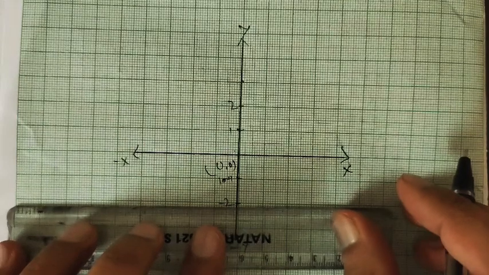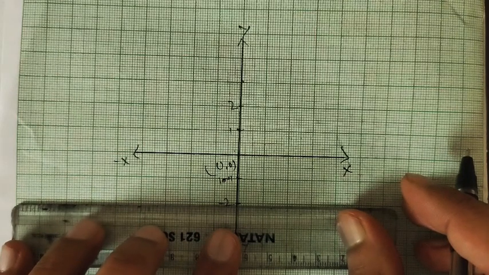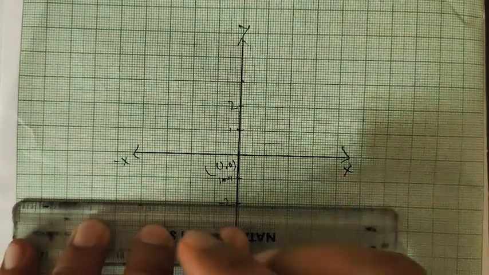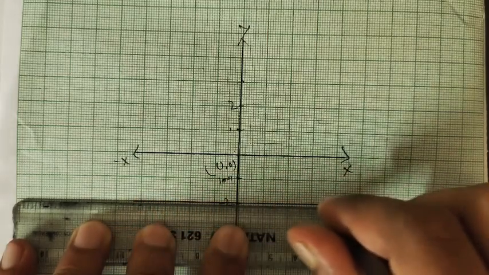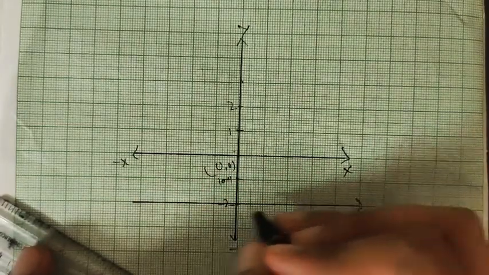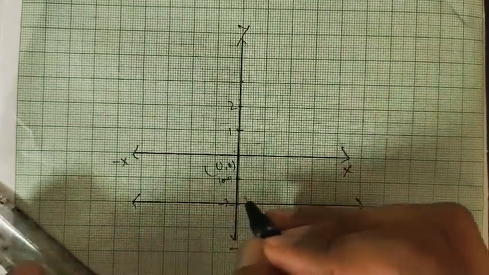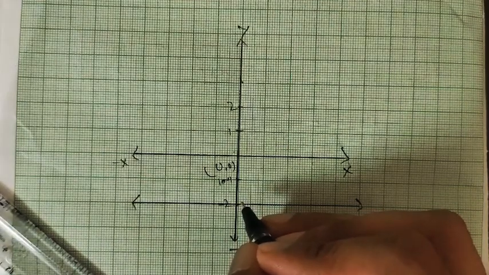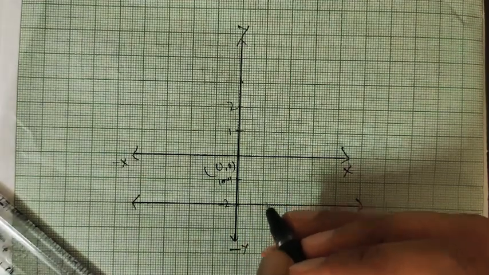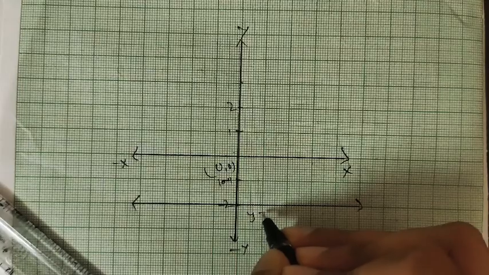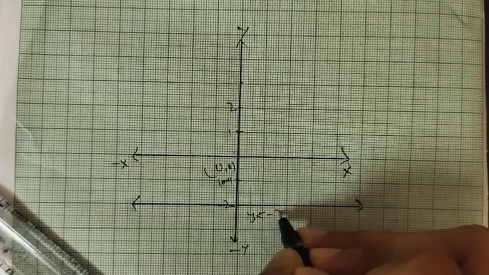So y is equal to minus 2 is this line, parallel to the x-axis. So let's draw this line and write down y is equal to minus 2. y is less than minus 2.